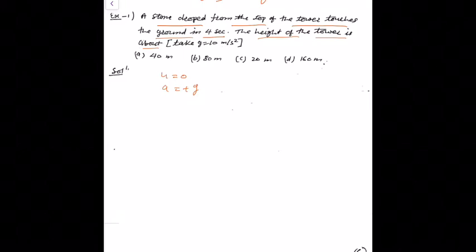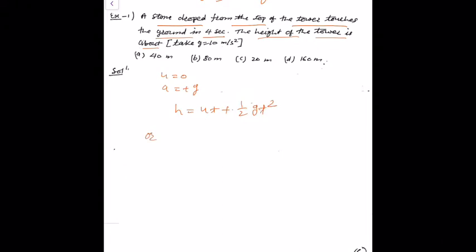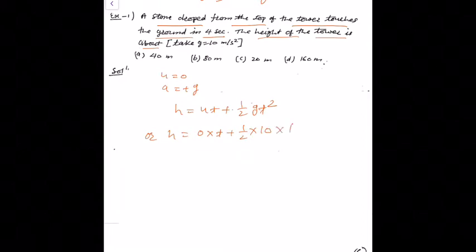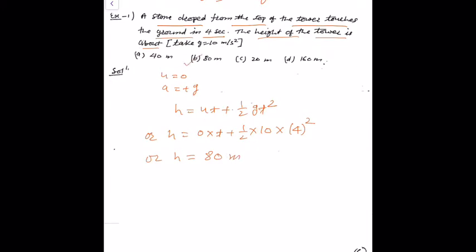From second equation of motion, h equal to ut plus half gt square, or h equal to 0 into t plus half into 10 into 4 square. After calculation, we will get h equal to 80 meter. So answer is B.